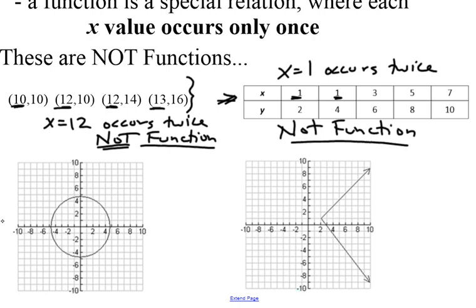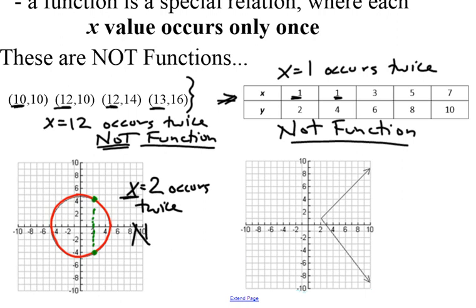And I move to the graphs. Graphs can be a little trickier. So again, here's the graph or the function that we're looking at. And what's important to understand is that if I choose x equal to 2, well, x equal to 2 occurs here on the graph, but x equal to 2 also occurs here. So we can see that x equal to 2 occurs twice on that graph.